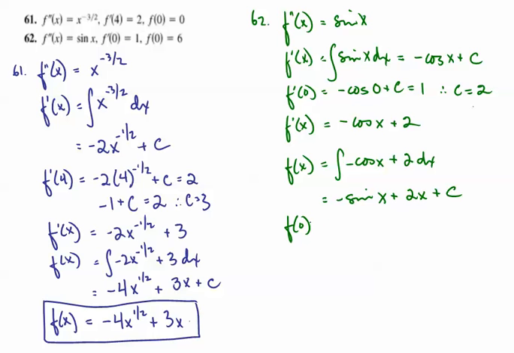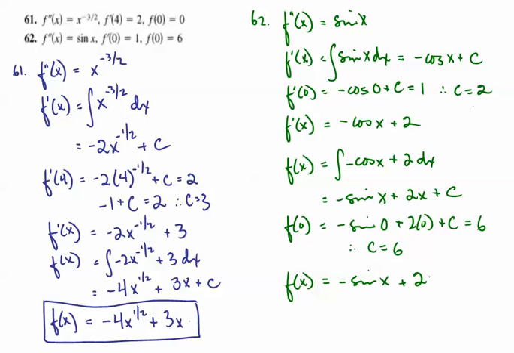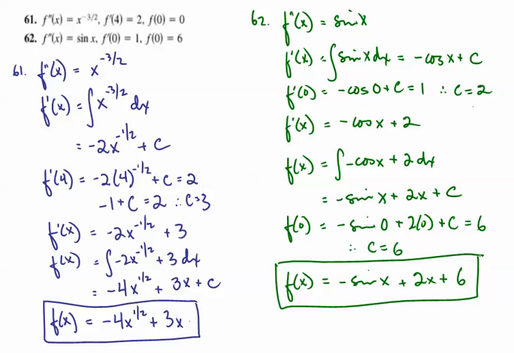We're given the point that f of 0 is equal to 6, so negative sine of 0 plus 2 times 0 plus c is equal to 6. Sine of 0 is 0, and 2 times 0 is 0, so therefore c equals 6, and we wrap up with f of x is equal to negative sine of x plus 2x plus 6.